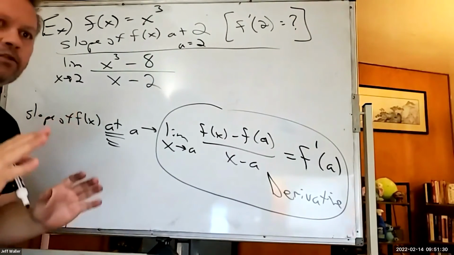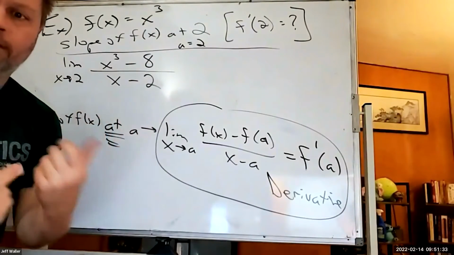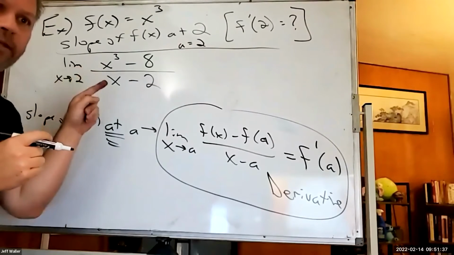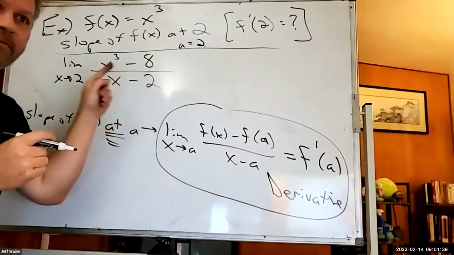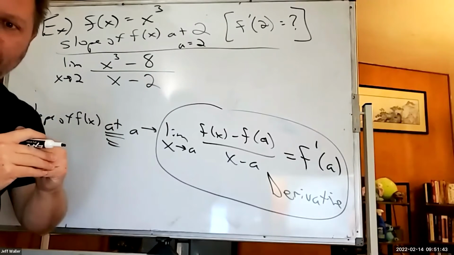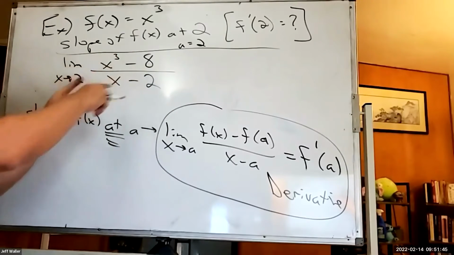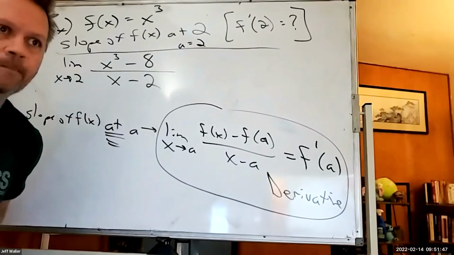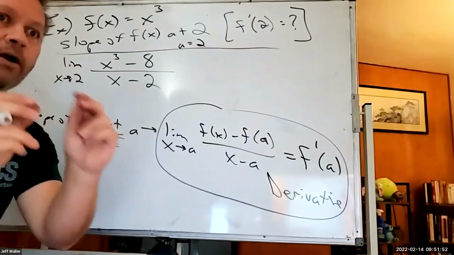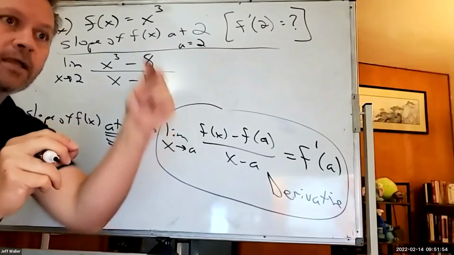How can I get this to a point where I can figure out what the limit is? We did this a bit ago. What is this screaming to be done? What do I want to do to this so I can maybe plug a 2 in? Factor it, because I'm hoping that the part that makes it 0 cancels.